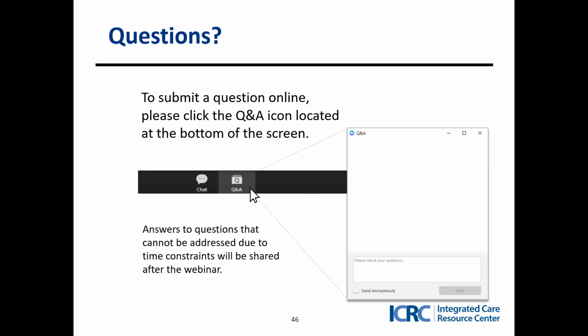In that final rule, CMS noted that all D-SNPs now are at least required to provide this coordination that we're talking about today, and that coordination really can encompass a wide range of activities that D-SNPs might engage in to help ensure that their dually eligible members can access and obtain the services that they need, regardless of whether those services are offered through Medicare or Medicaid.